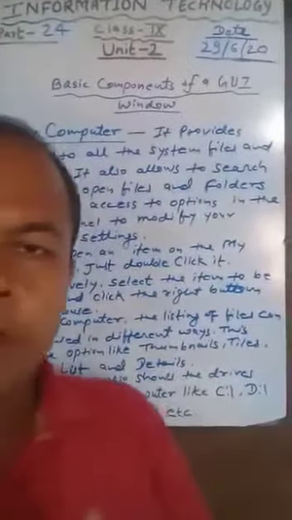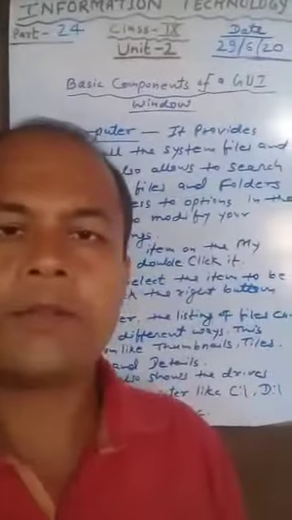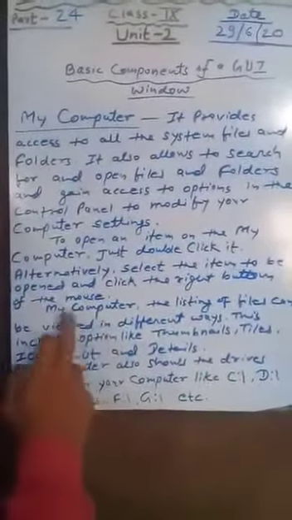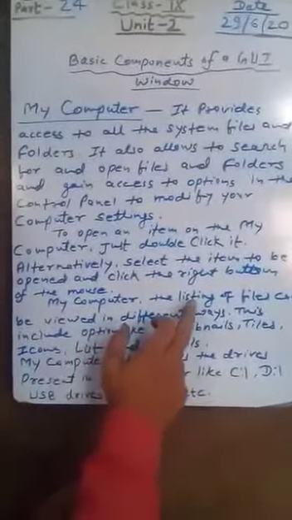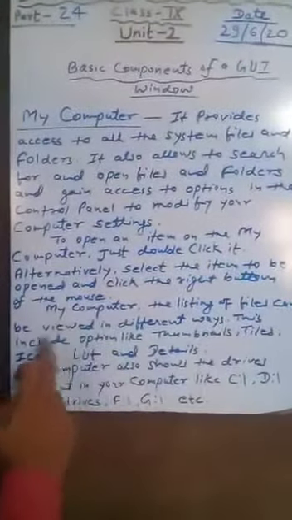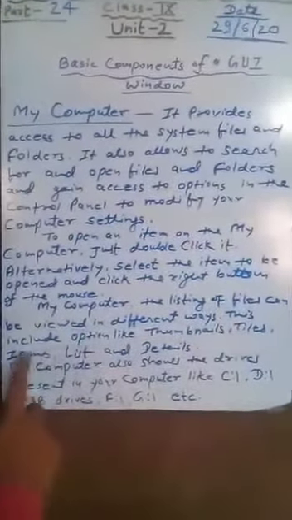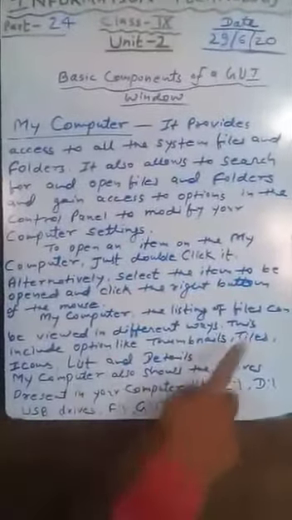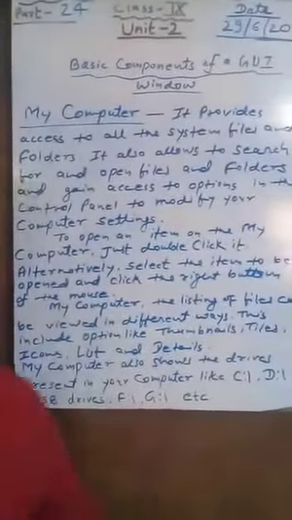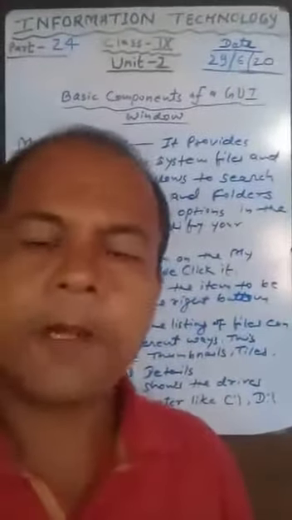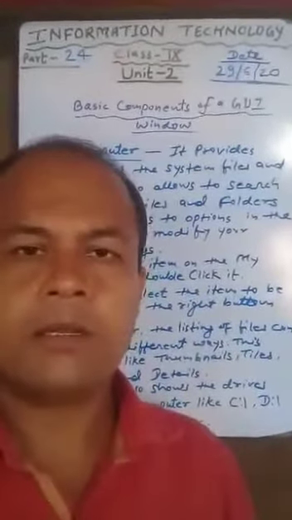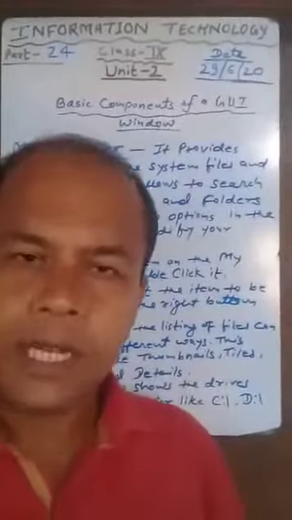Suppose that we want to view some files, then we use these options. This includes thumbnails, tiles, icons, list, and details.